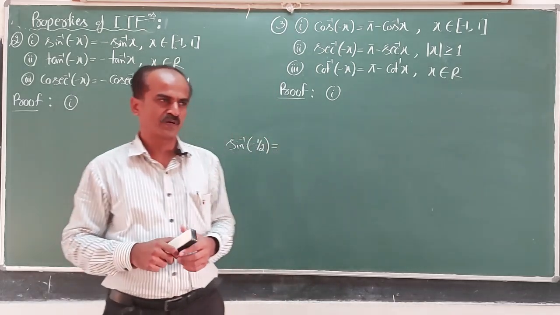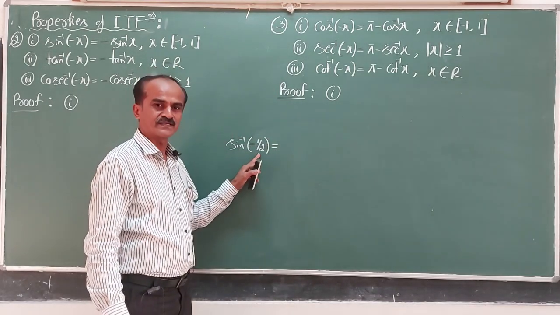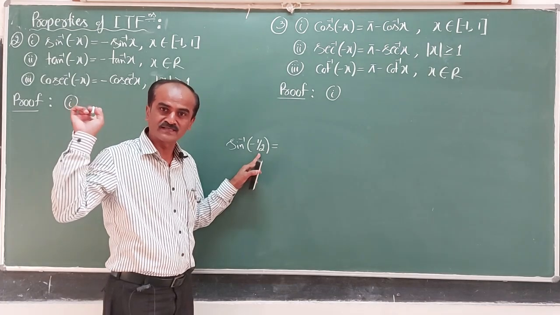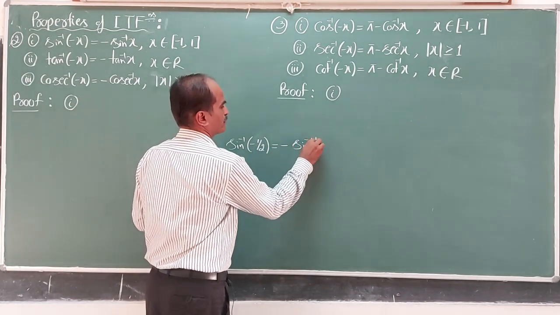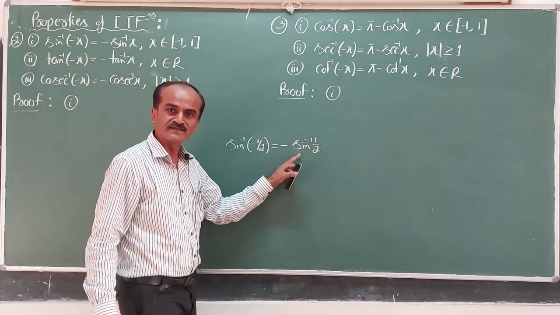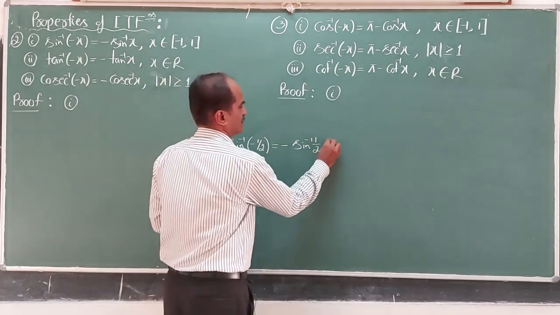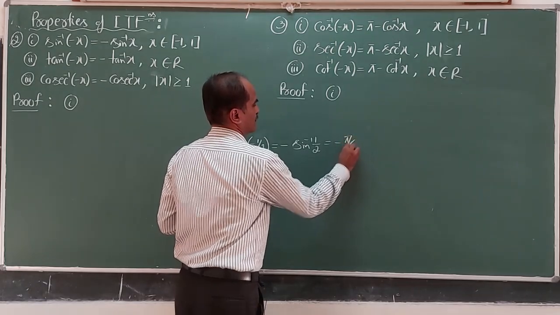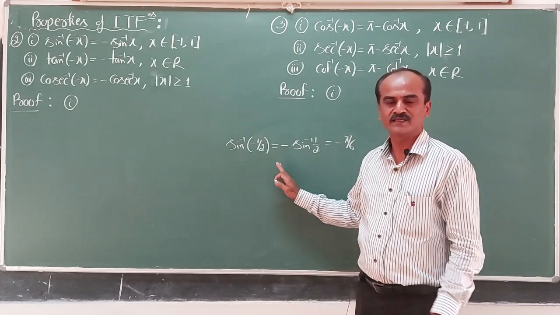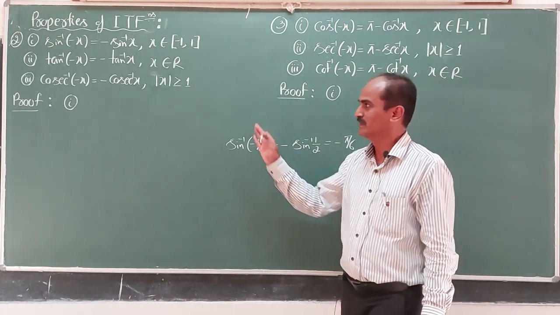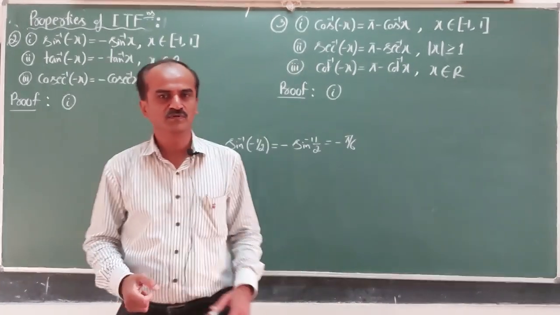Now, the standard property says when x is negative, sin inverse of minus x, what can you write? Minus of sin inverse x. Now, sin inverse of 1 by 2 is pi by 6. So in this way we can write minus pi by 6 straight away. This is how we can answer with the help of properties. In this way these properties will come to help.